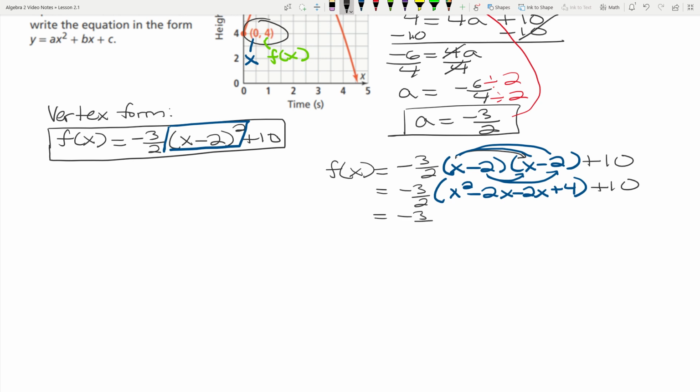Now we're going to combine these like terms. So negative 2x and negative 2x make negative 4x. So we got x squared minus 4x plus 4, plus 10. So now we got to distribute these guys.